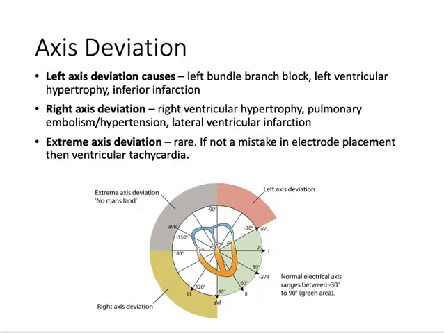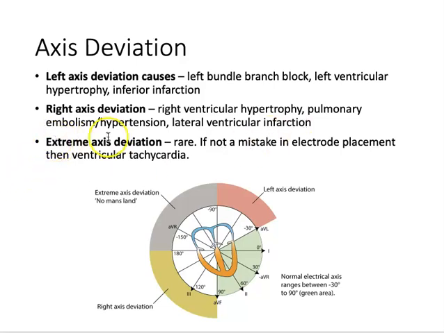If we see a left axis deviation, this can indicate a left bundle branch block, basically an enlargement of the left ventricle, and possibly an inferior infarction, so like death of some of the cardiac muscle tissue. A right axis deviation may indicate right ventricular hypertrophy, hypertension, or left ventricular infarction, so any of those things that might deviate it to the right, where we would see greater electrical signal in that area.